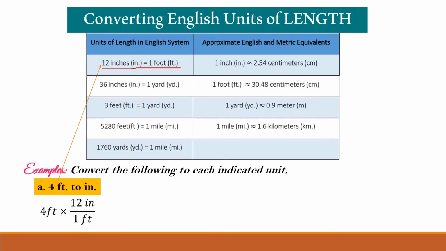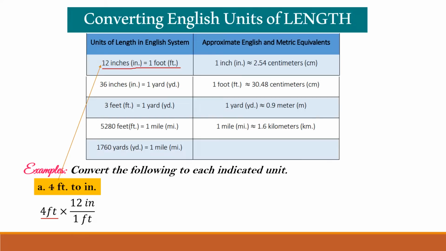Using that, we write our given, which is 4 feet, and then we multiply it with our unit fraction, which is 12 inches over 1 foot. If you notice, 1 foot is written in the denominator part of our unit fraction so that we can cancel feet and feet. And we will be left with inches.